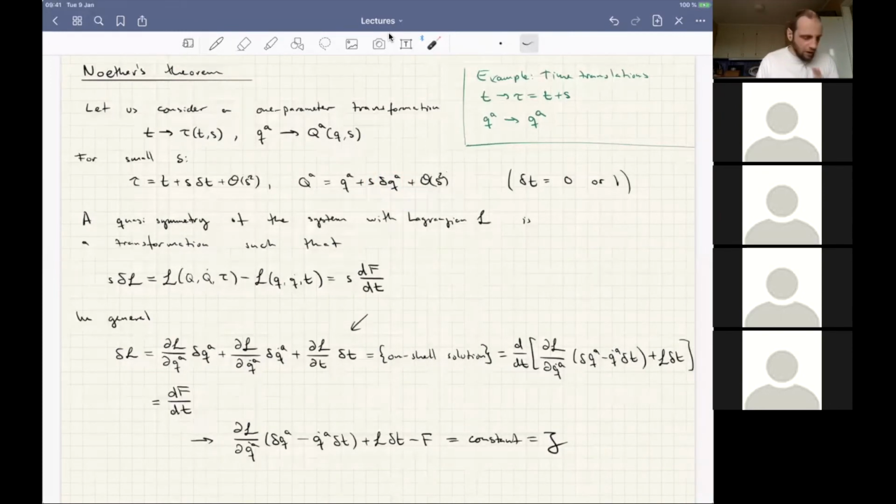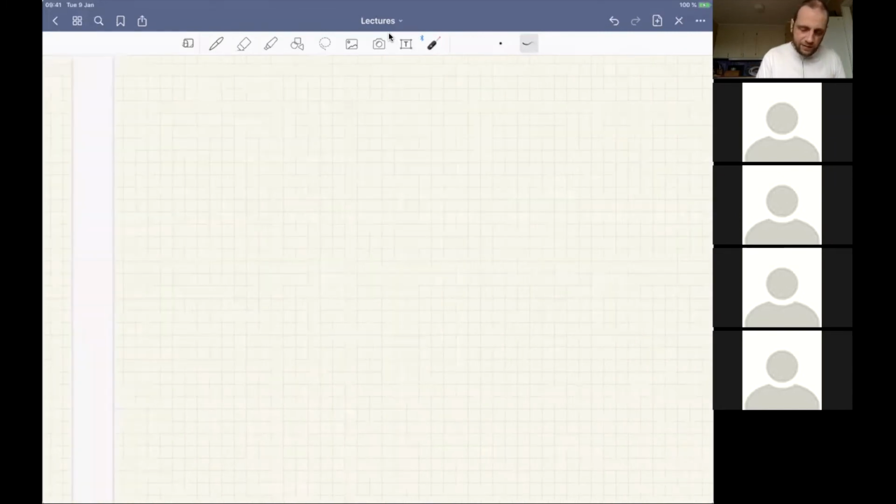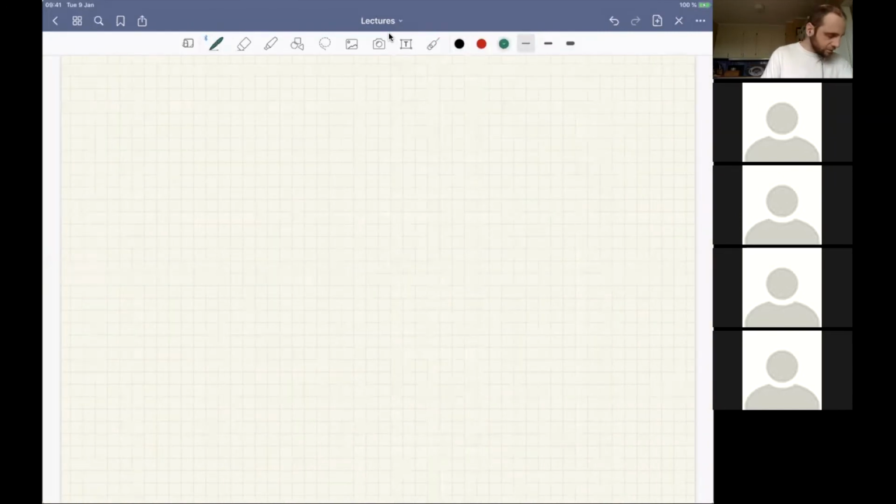Okay. So let's take a few examples of this. Let's take the simplest example that we can think about. A free moving particle in 3 dimensions. So in this case, we have that L is 1/2 m ẋ squared.